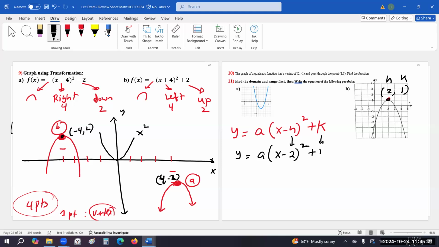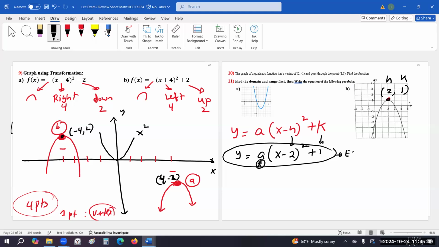But we are not done, because we have no idea what our leading coefficient is. What is our A? That's the only problem we have. So we have to figure out what A is. Once we figure out A, we are going to replace this A with that thingy, and then that will become our equation.